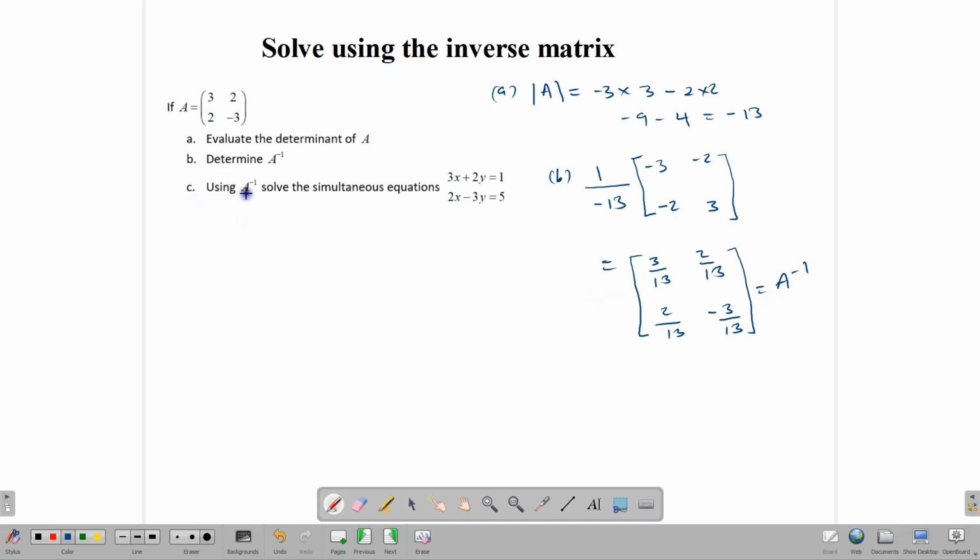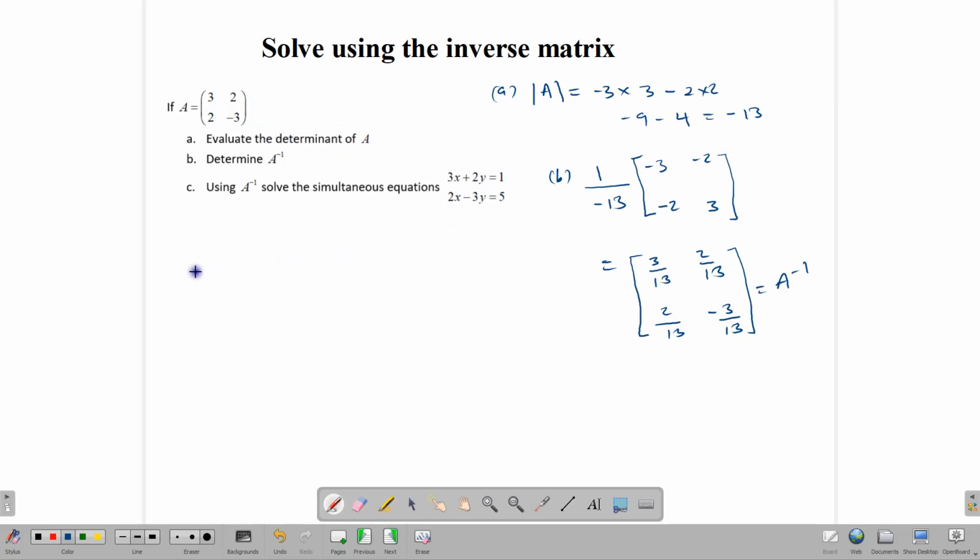Once we know A inverse, that's part B. Part C says, using A inverse, solve this system. Notice from the question that this matrix is the coefficient matrix for this system. So 3, 2, 2, negative 3 is the same, and 1, 5 is the answer matrix.